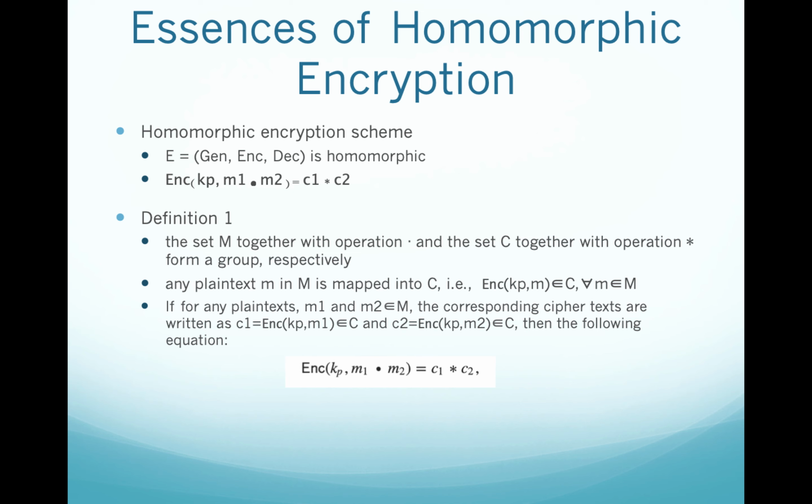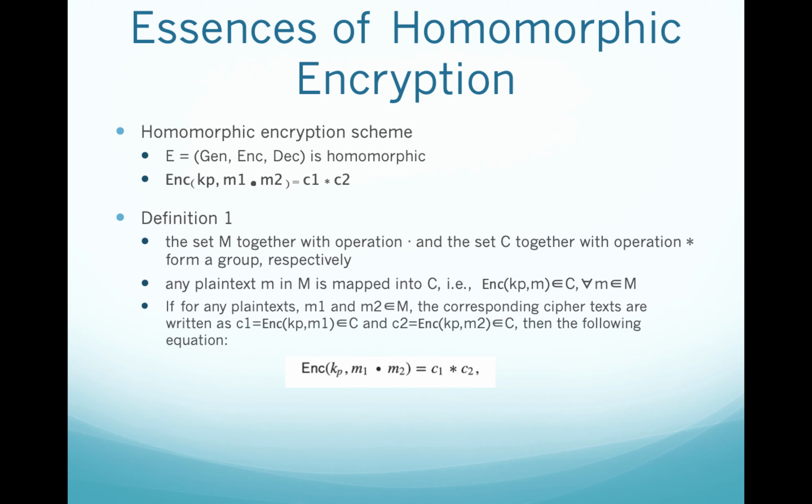So then we can move into the first definition of homomorphic encryption. The definition reads that the condition is fulfilled for the scheme epsilon equals the key generation, encryption, and decryption. So it'll only be homomorphic once these three conditions are fulfilled.